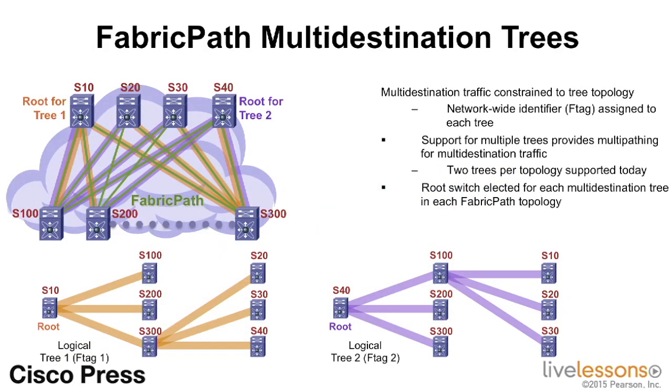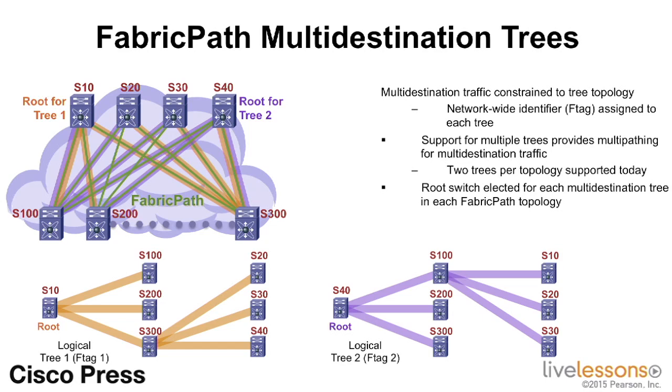Now let's discuss FabricPath multi-destination trees. For multi-destination traffic, you need several trees to ensure that it gets forwarded correctly without duplication. These trees are rooted in key locations inside the fabric. If you think about layer 3, particularly multicast and the way PIM operates, it builds shortest path trees.